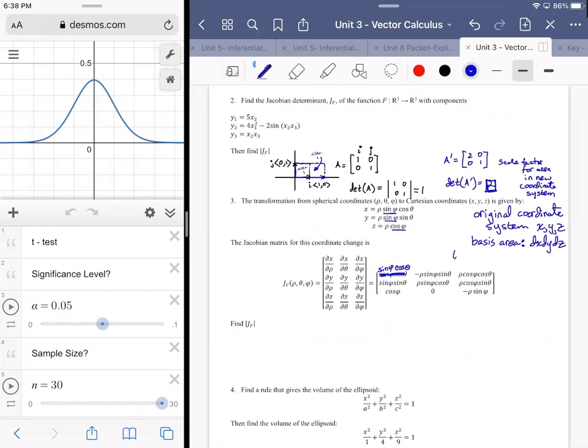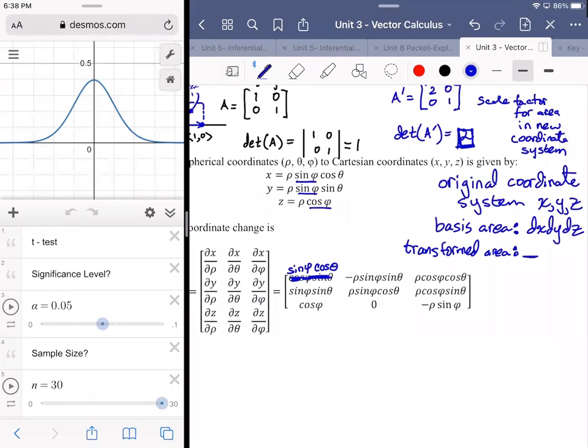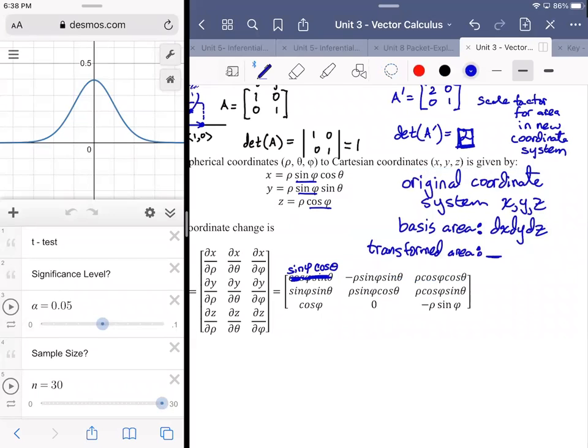All right. Our transformed area in our new coordinates is going to be some sort of scalar multiple, and then our new variables, because it's going to be a product of our new variables. But in order to make our transformed area equivalent to the original basis area, there would have to be some sort of multiplier. Or maybe that multiplier is 1, but there would have to be something in place.